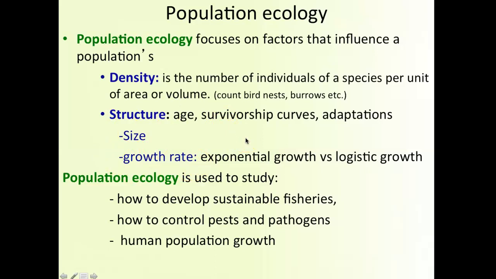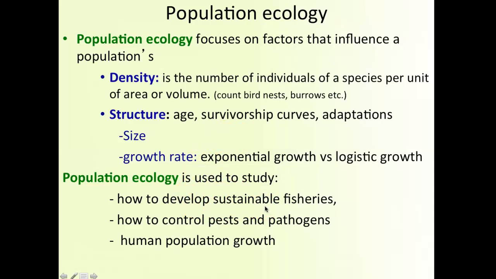The reason population ecology is important is that you can figure out what the best scenario is for a population, how the population uses its environment, and really understand how the organism lives through its lifespan. Then you can use that information to do things like develop sustainable fisheries.